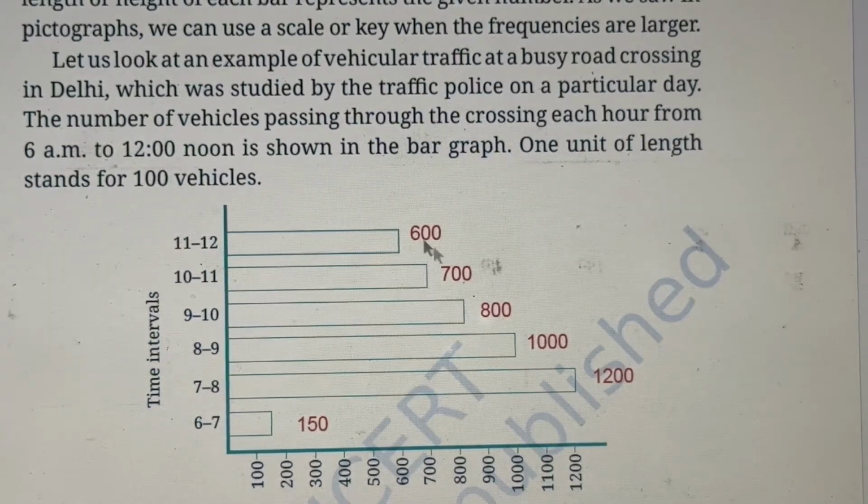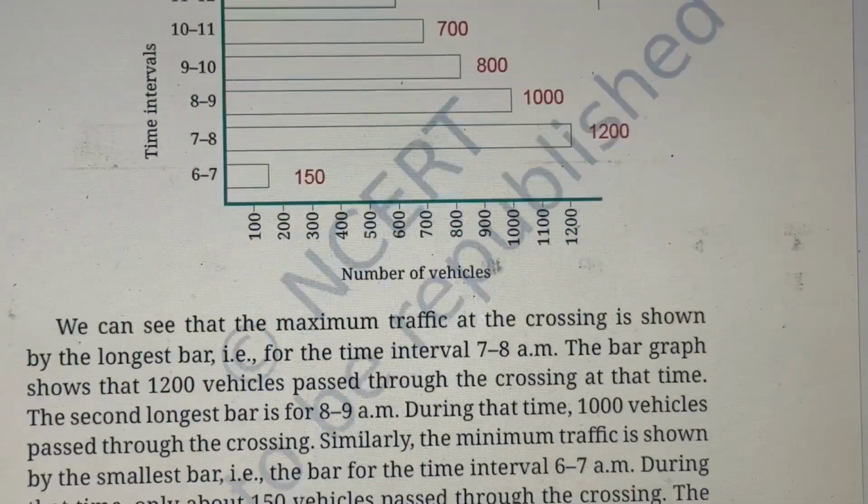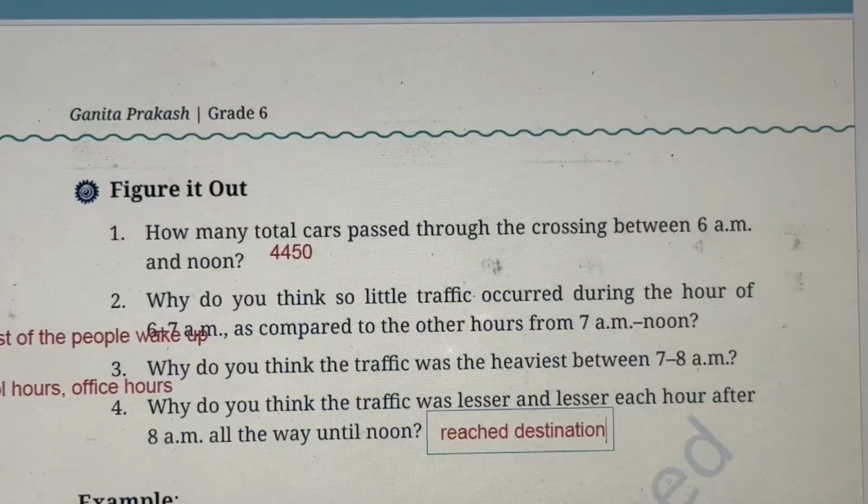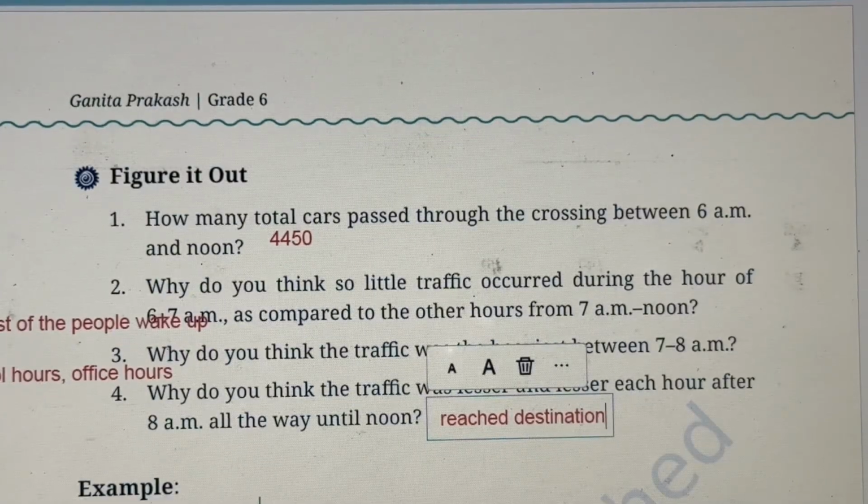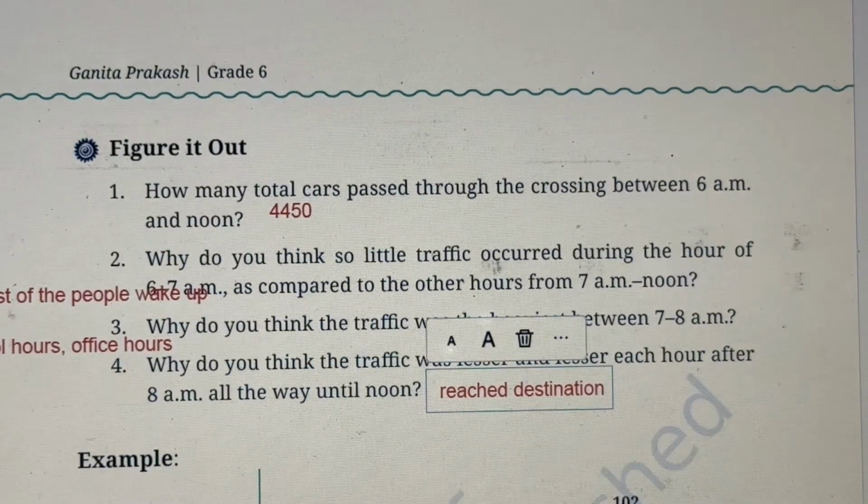And then these are the people who might not be going to some office, they might be going for shopping or marketplace or something. So slowly it is being reduced. Maximum is here because people are going to office and school, right? So you can answer so many questions looking at a bar graph.